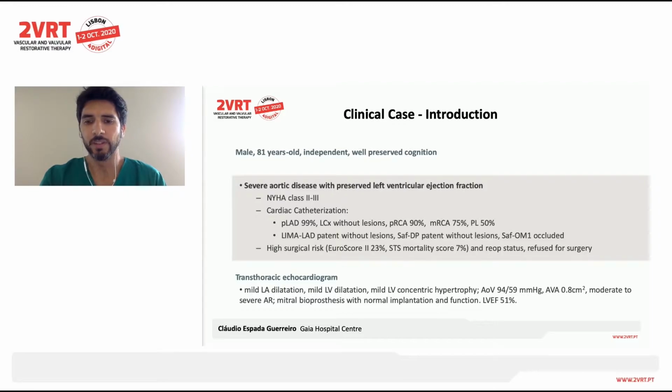During the procedure planning, we repeated the cardiac catheterization, which showed patent bypass from LIMA to LAD without lesions, also the saphenous vein to the DP patent without lesions, and the saphenous to obtuse marginal artery occluded. Regarding the native coronary artery circulation, there was critical stenosis in the proximal LAD of 99%. The left circumflex artery didn't have any lesions, and there was diffuse disease in the right coronary artery.